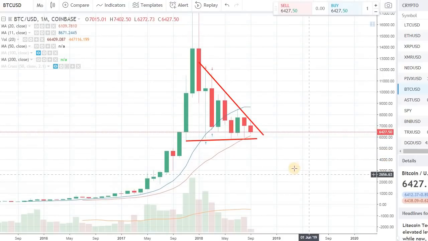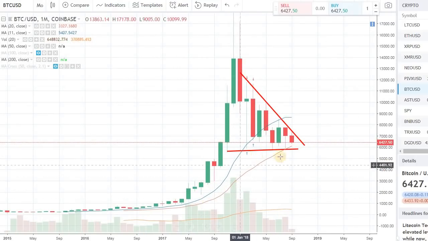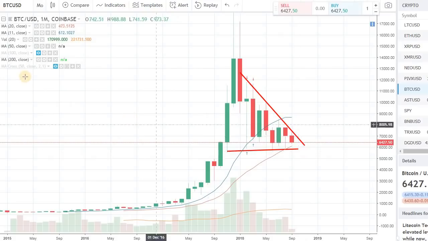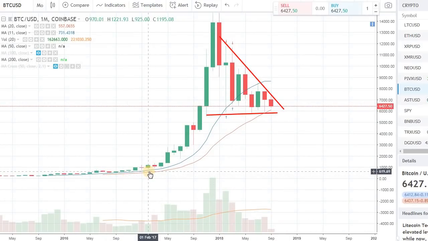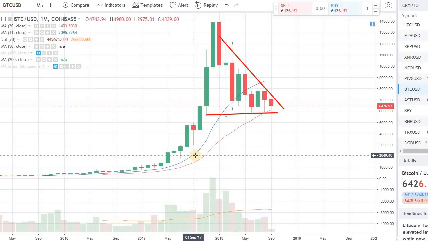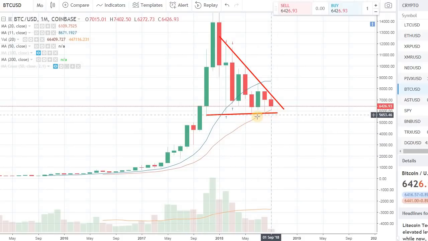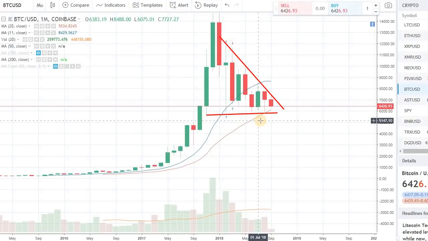We need to stay over that support. If you see this chart, we have never breached the 20-day moving average on the monthly in more than a year. That's a very strong indication, and we need to make sure that we stay over that 20-day moving average.